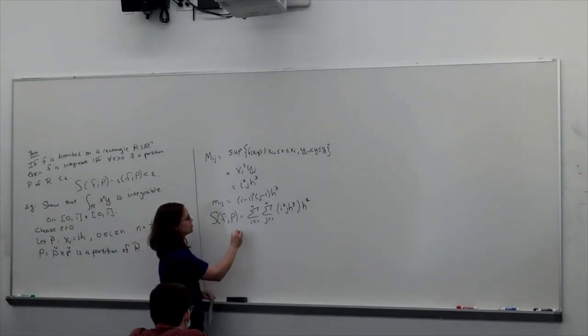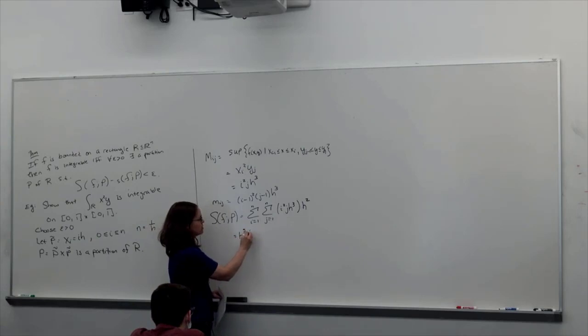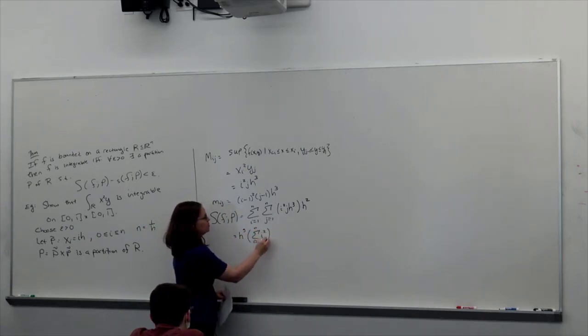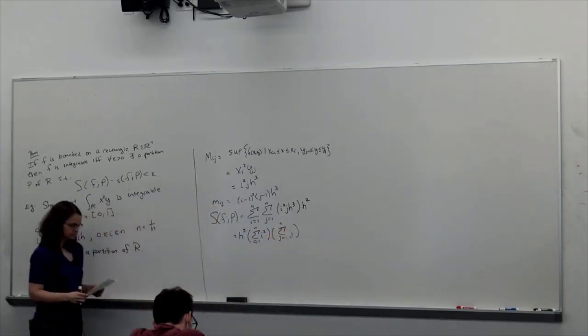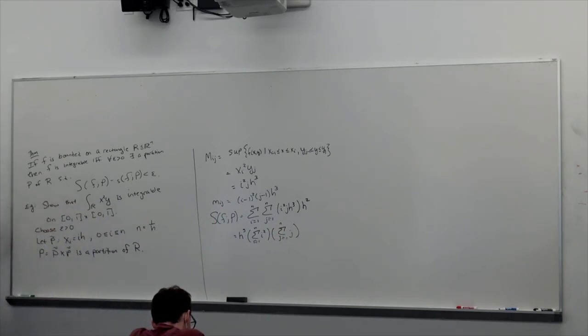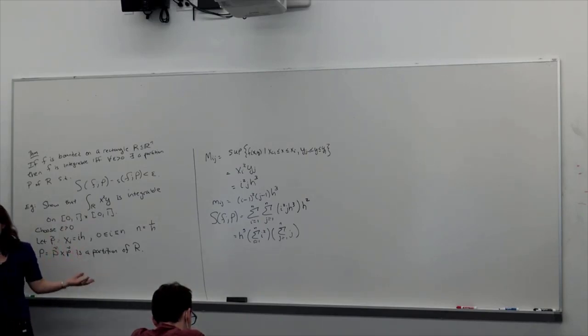Okay, so this just works out to, well, we got an h to the 5th. Then we have to sum the i squareds, and we have to sum the j's. We've seen sums like this before.